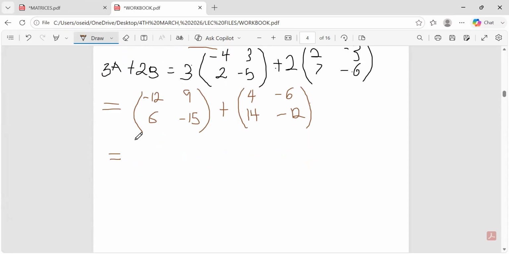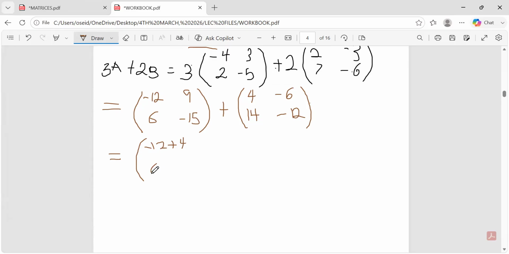We can add when the numbers in matrix A correspond to the numbers in matrix B. So this one we have a 2 by 2 matrix, so addition, we are good to go. So -12 plus its corresponding number, which is 4.